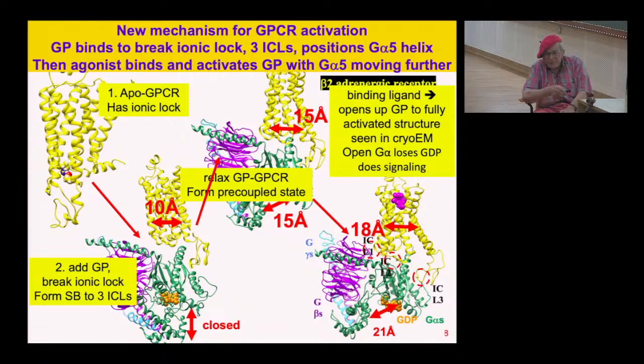These are like 4 different sets of simulation. Oh yeah, yeah. So we start here. We actually bring in the inactive G protein, the GPCR, the inactive G protein.